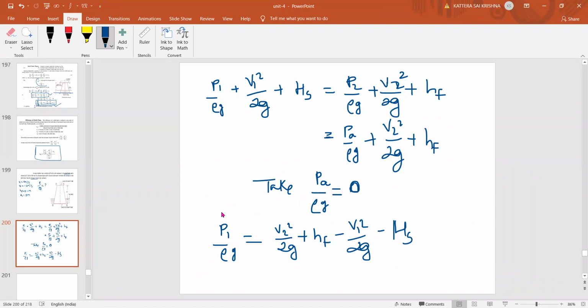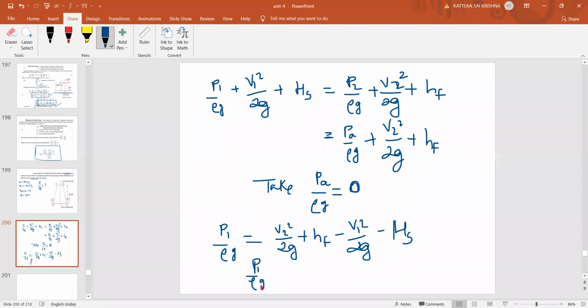Definitely you will get a value less than 0, nothing but a negative value of P1 by rho g, because already I said the pressure at the inlet of the draft tube will be less than the atmospheric pressure. Atmospheric pressure I'm taking as 0, so this value will definitely come negative. So we'll get P1 by rho g in terms of negative.